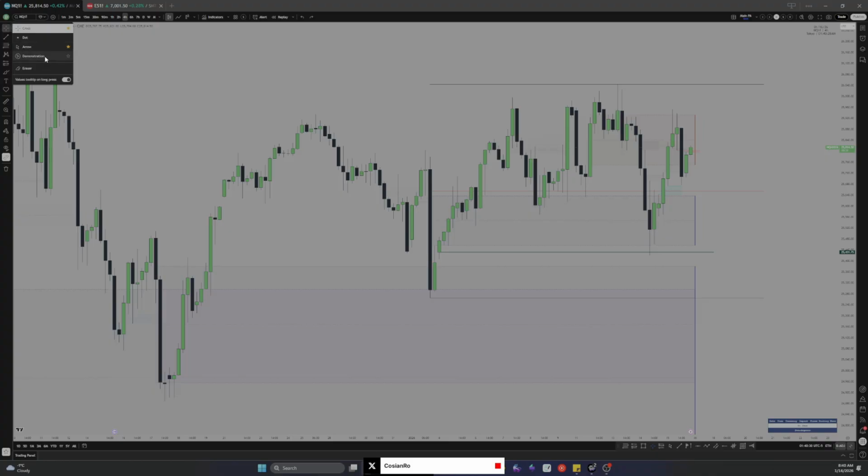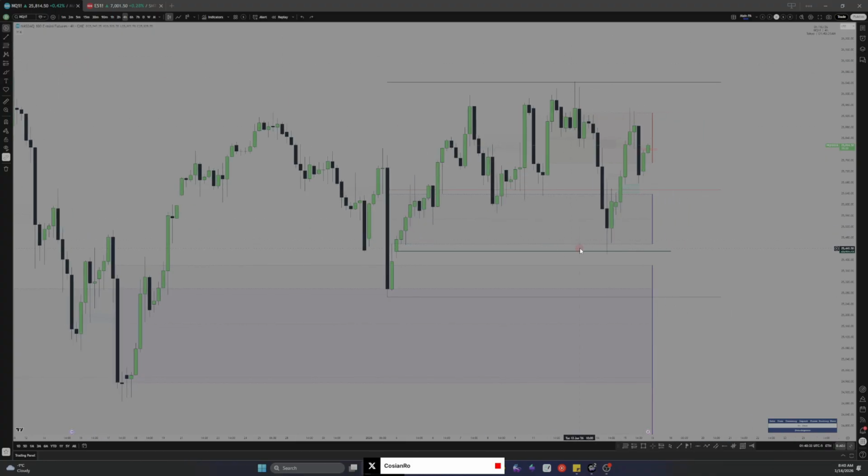one second, let me change the demonstration. Okay, now in context of this is previous week open. In context of this new piece of information that the market left behind, we have this impulse from there to there.